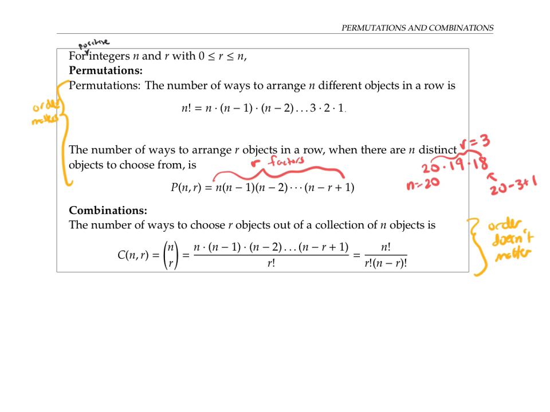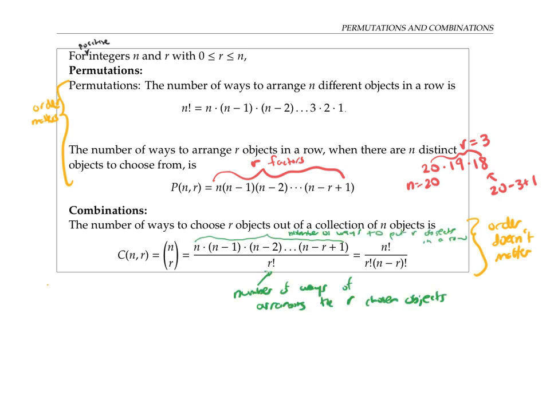The number of ways to choose r objects out of a collection of n objects is given by this formula, because first we're arranging the r objects in order, like we did in the previous permutation, but then we're dividing by the number of ways of ordering those r objects because the order actually doesn't matter.